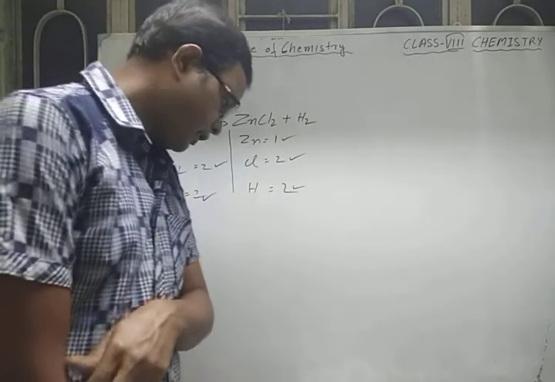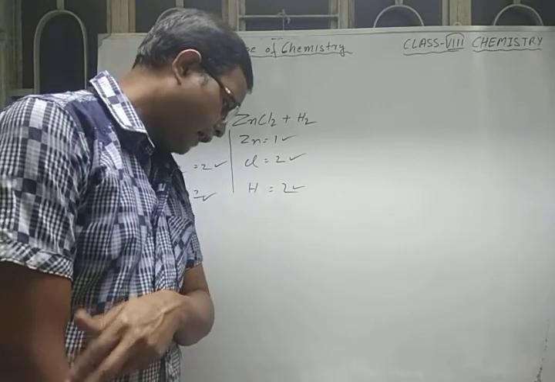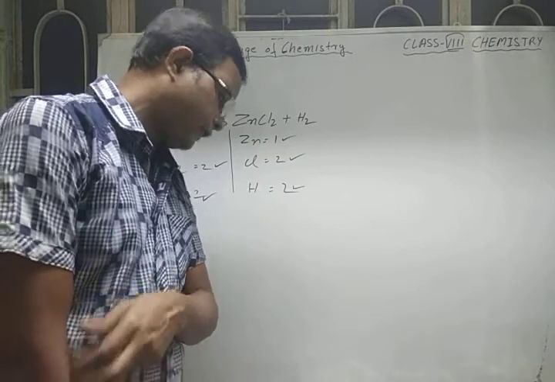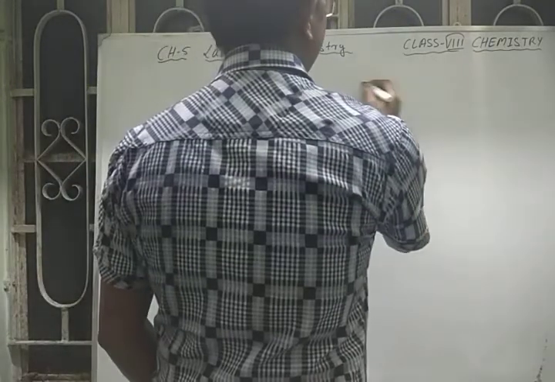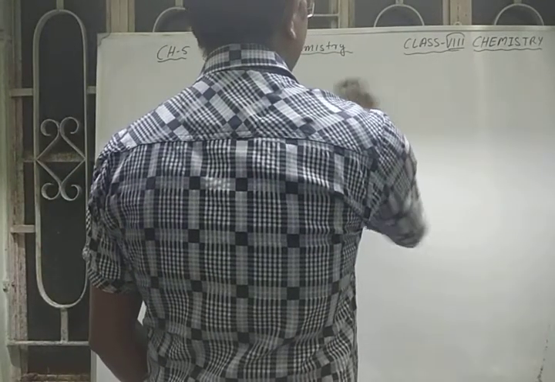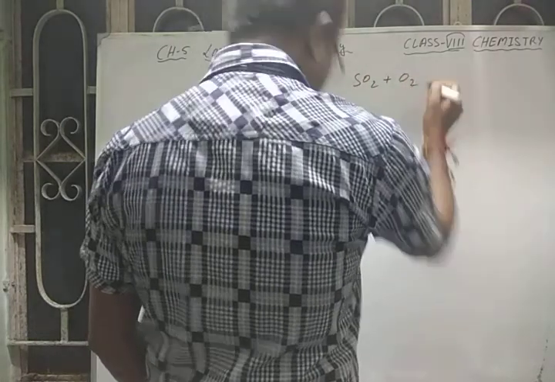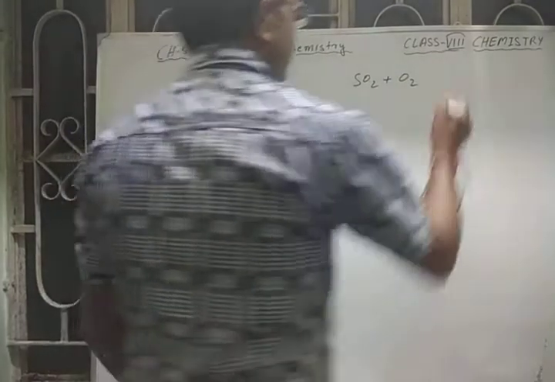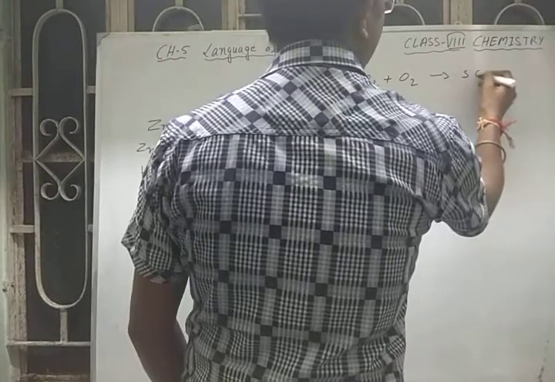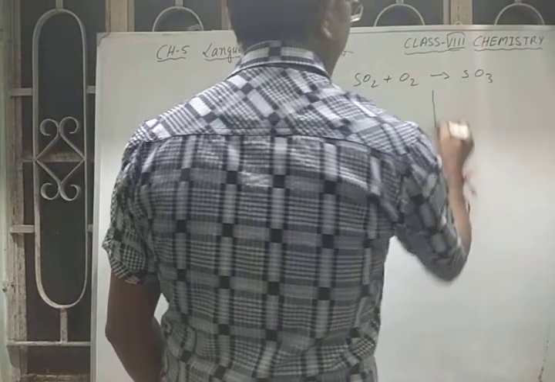Another example I am taking, that is number 5, SO2 plus O2 gives SO3. Again we use the comparison method.